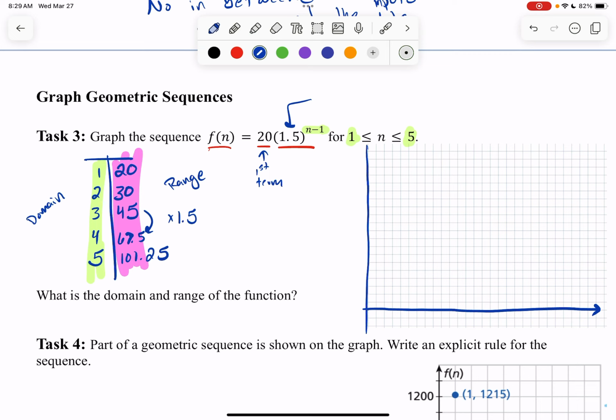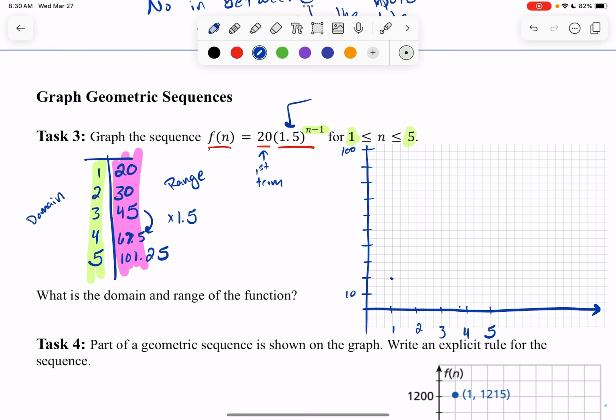So here, let's spread this out a little bit. I'm going to go over by 3. There's 1, 2, 3, 4, 5. And then here, maybe count by tens, 10, 20, 30, 40, 50, 60, 70, 80, 90. There's 100. So you need to go to 100.